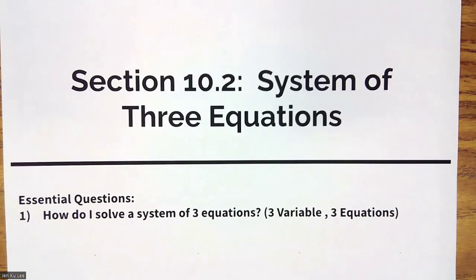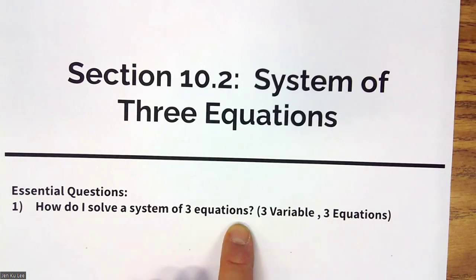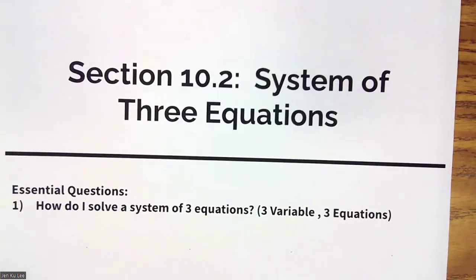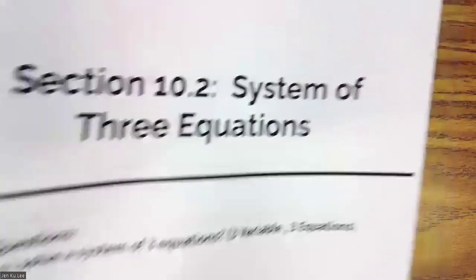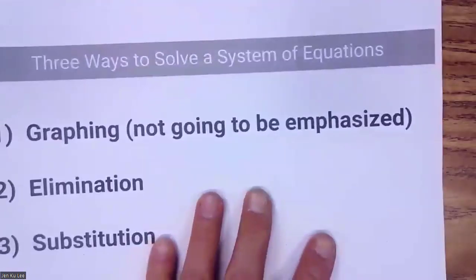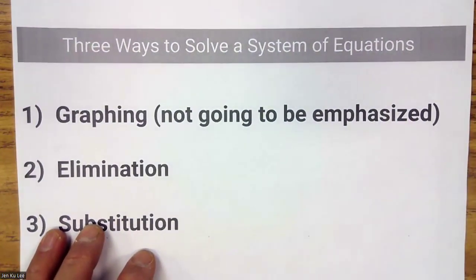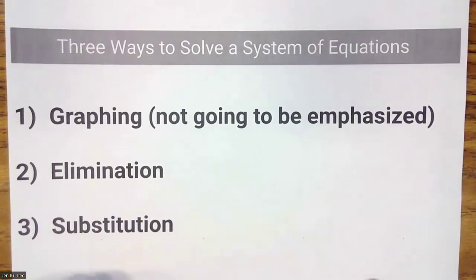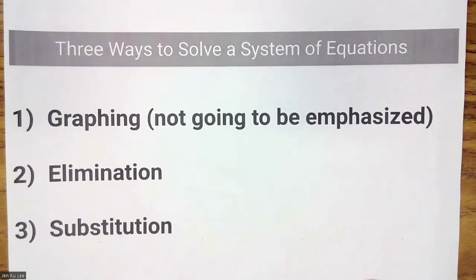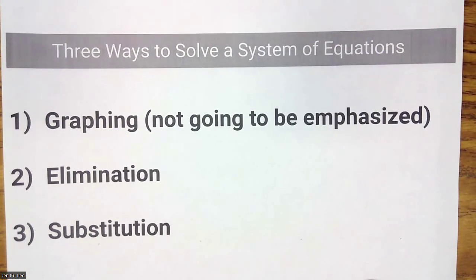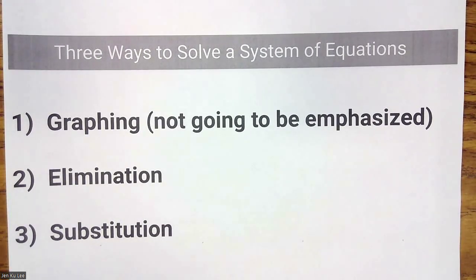So your essential question for today is, how do I solve these systems? Pretty basic essential questions. We're just going to learn that skill. When we solved a system of equations, meaning two variables and two equations, we solved it through graphing, through elimination, and through substitution, right?